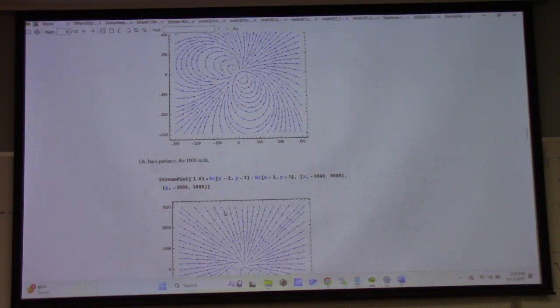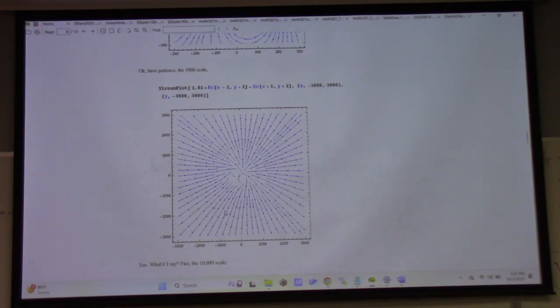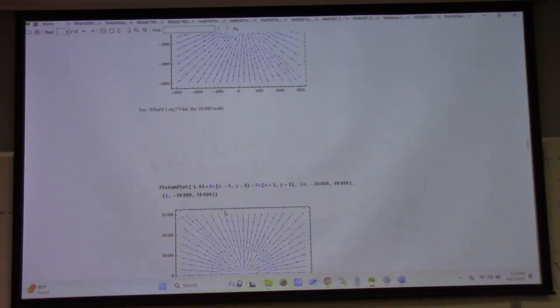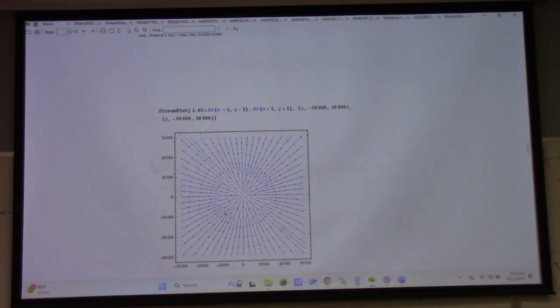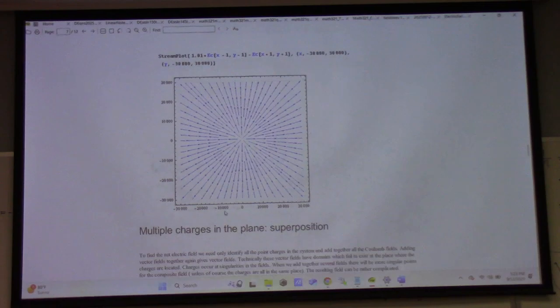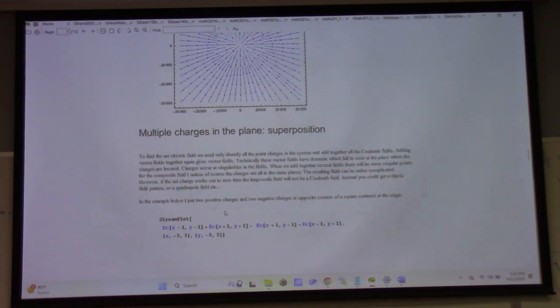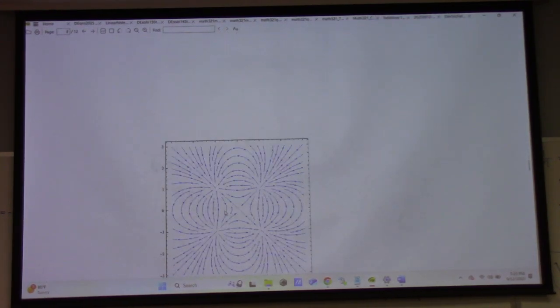But when you go further out, monopole. Because the net charge is 0.01 charge. So eventually, if you get far enough out, the monopole term dominates. And there it is at 30,000. Just straight Coulomb.